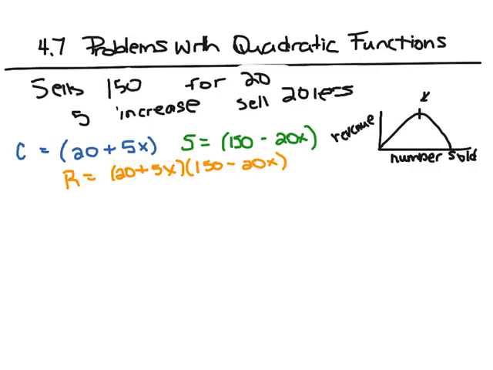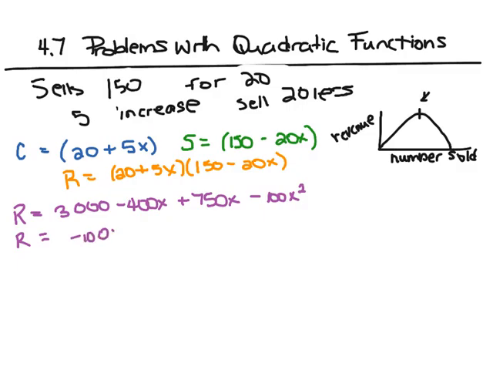So R equals 3,000 minus 400x plus 750x minus 100x squared. So we're left with minus 100x squared plus 350x plus 3,000.